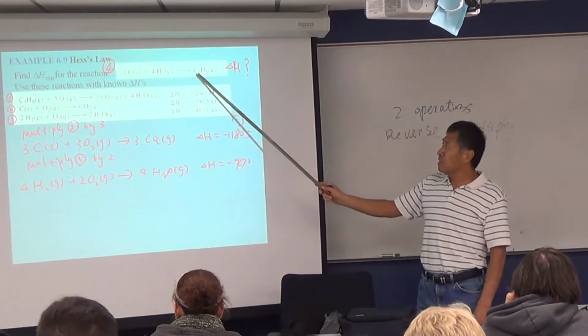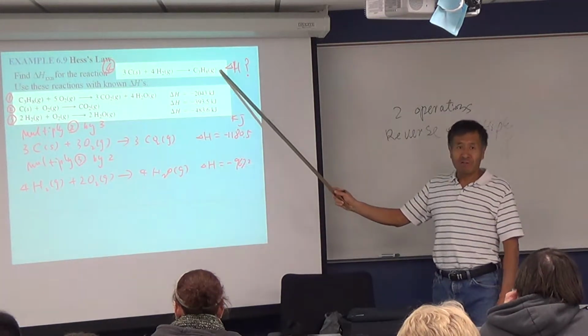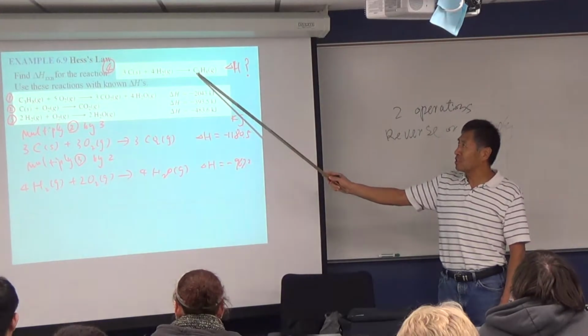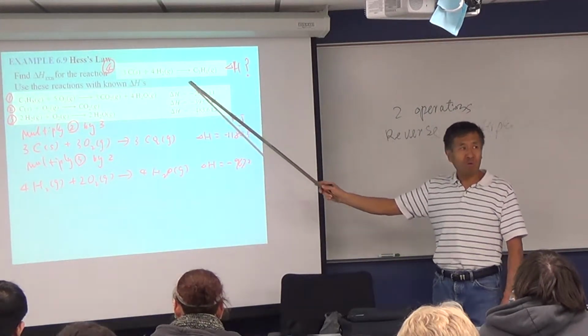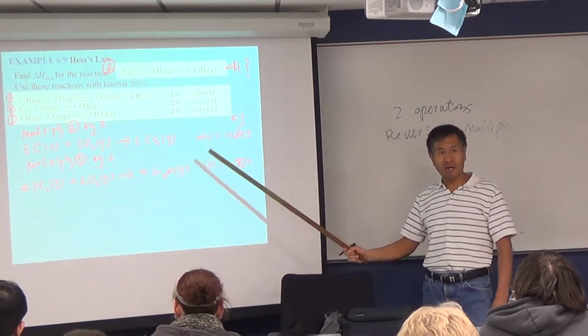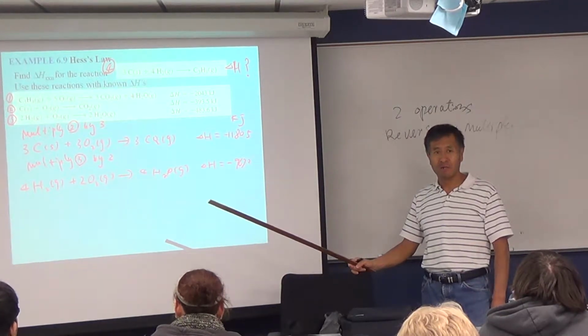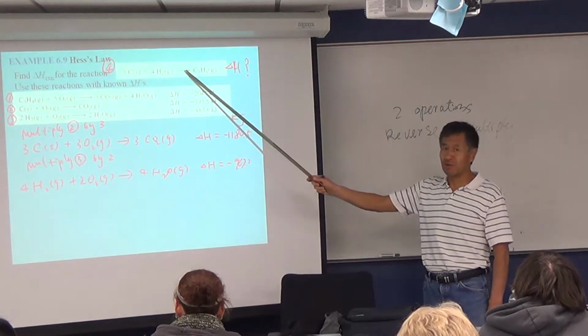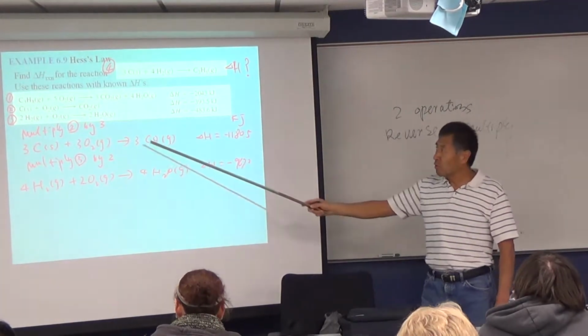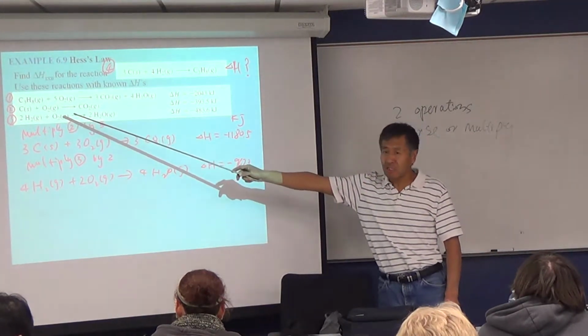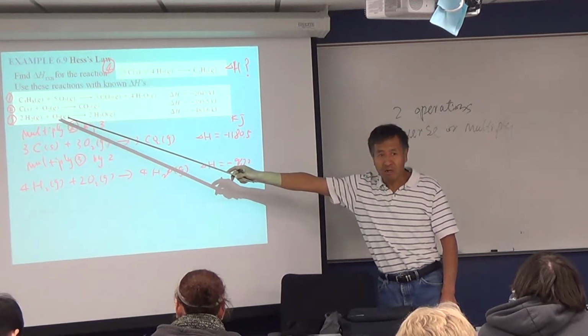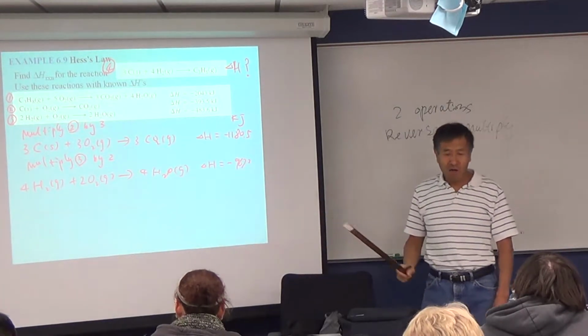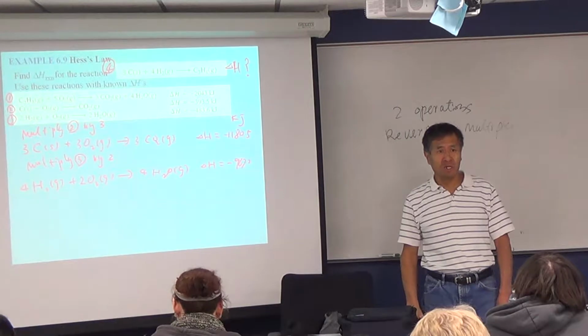Now this equation is the one you want to find out delta H. You need C3H8 as what? As a product or as reactant? As a product, on the right side of this arrow, right? Now reaction 1 gives you this C3H8 gas, but that is on what side, Brad?